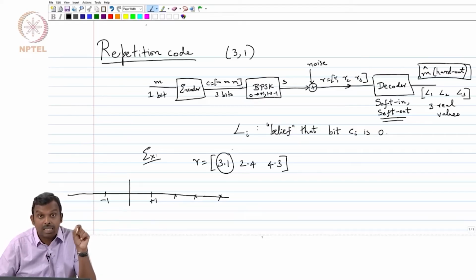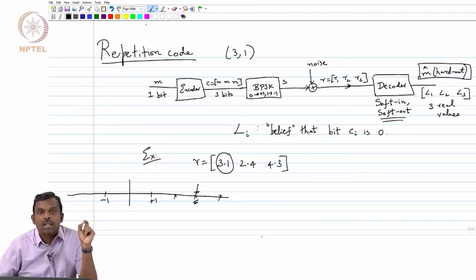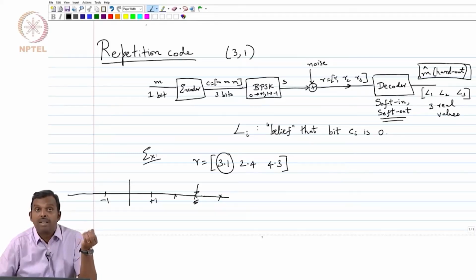I transmitted the first symbol, which could have been +1 or -1, and I received a 3.1. So if you've received 3.1, it's very likely that the transmitted symbol was +1. Your belief that the transmitted symbol is +1 is very high.